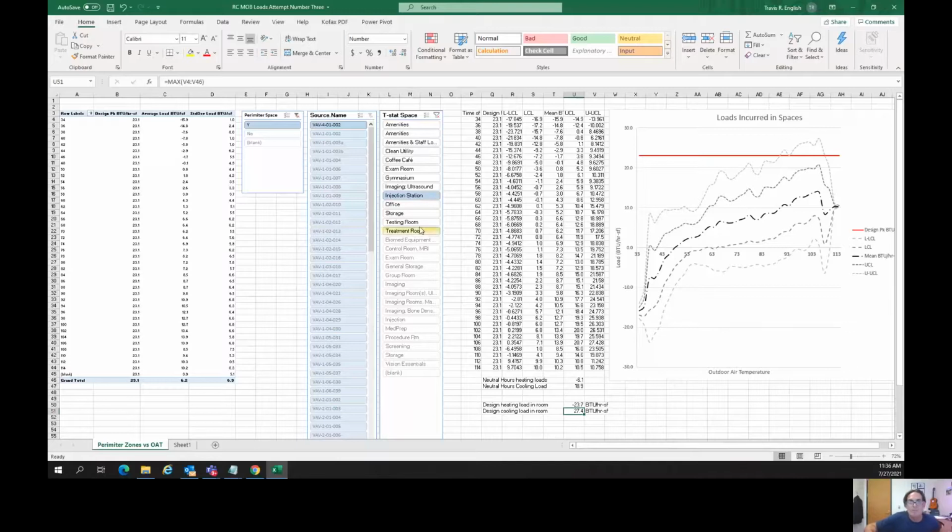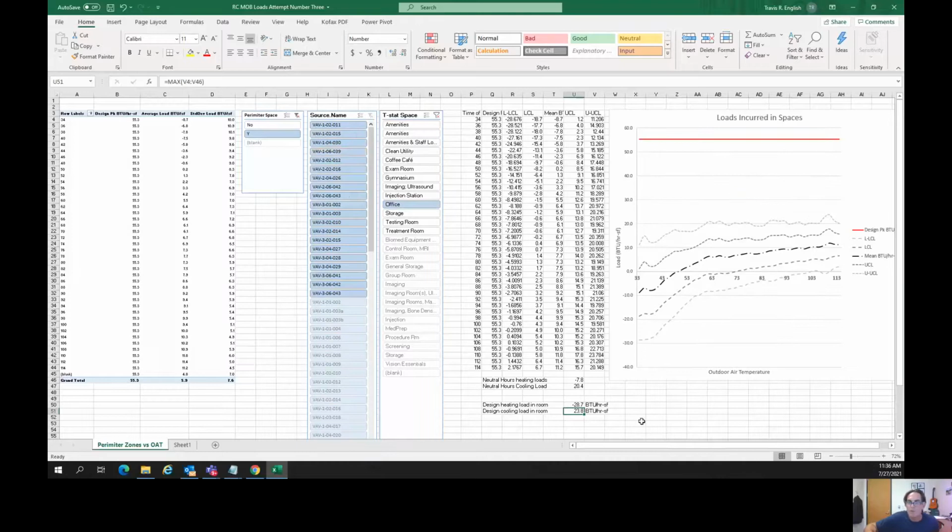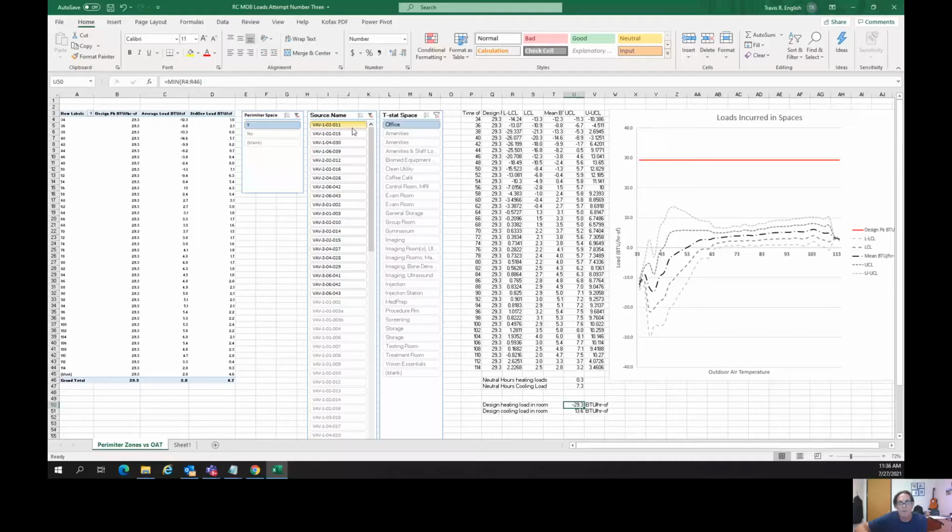30, huh? Here's offices. We should have quite a number of perimeter offices. Yes, this is a pretty good sample size. So we got 24 BTU a square foot for cooling and 30 BTU a square foot for heating. That's this extreme up to this extreme there. That's the range. We'll cycle through the zones. Here's one at 14.